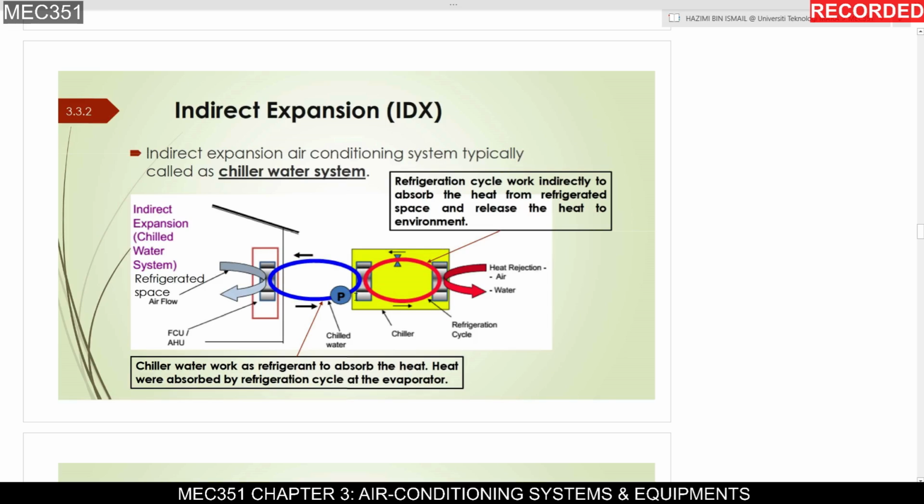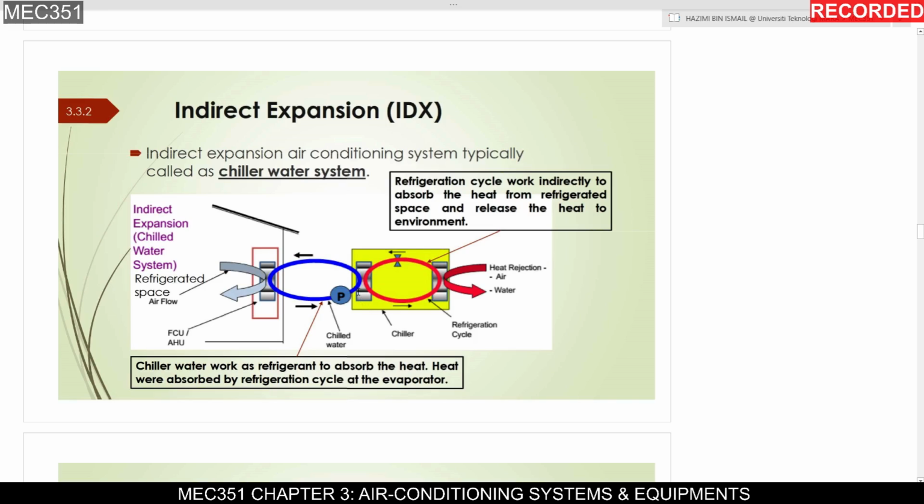Okay, daripada chill water sini so sini akan ada AHU, air handling unit, and maybe FCU, fan coil unit. So chill water will absorb heat from the refrigerated space, and it will go to the chiller here. So kalau let's say FKM buildings, in our classroom in FKM buildings, the chill water will absorb heat from the AHU in our class, and it will transfer heat from the AHU air handling unit to the chiller that is located at BKBA.